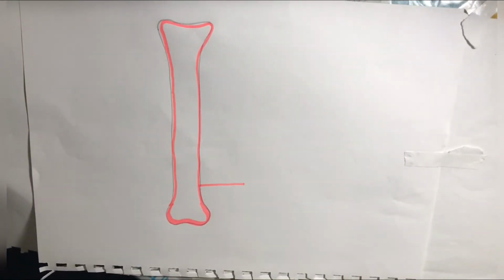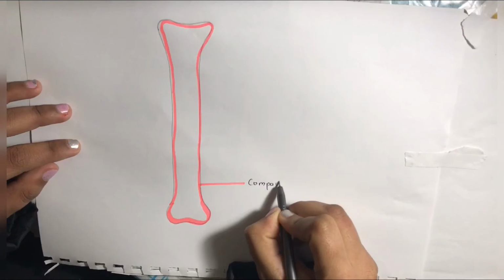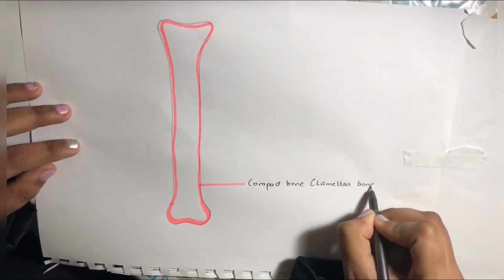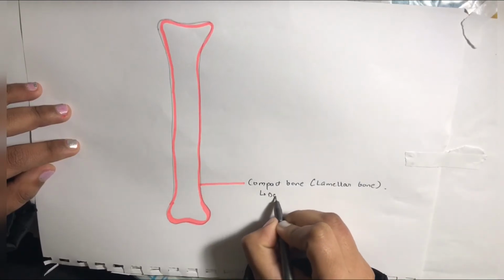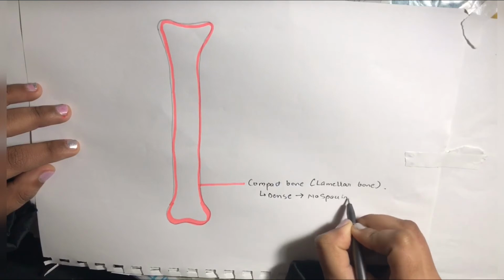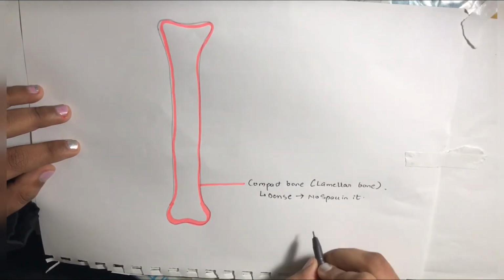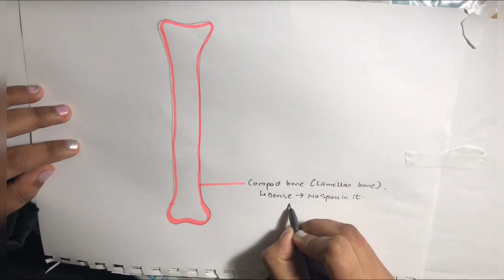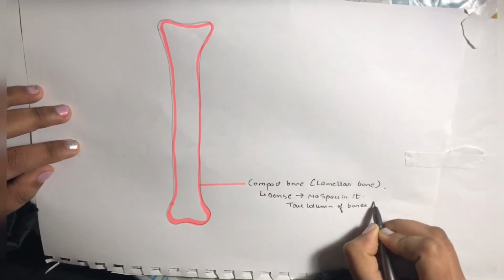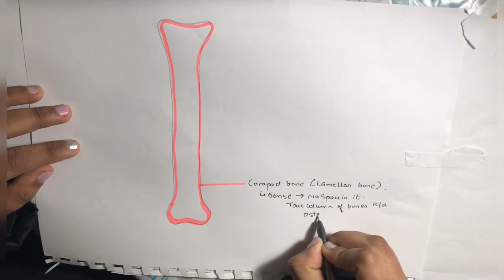On the surface, on the outline, we have compact bone, also known as lamellar bone, and it is very dense. The reason it is dense is that it has no space in it, and it has tall columns of bone called osteons. Because of these closely packed columns, it is very compact, and we call it compact bone.